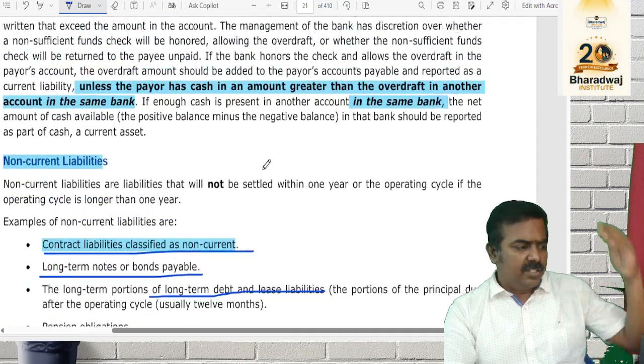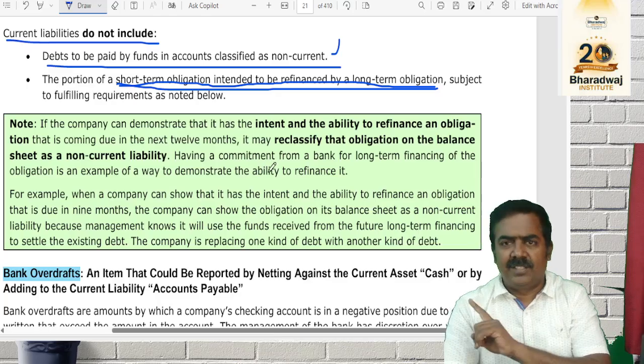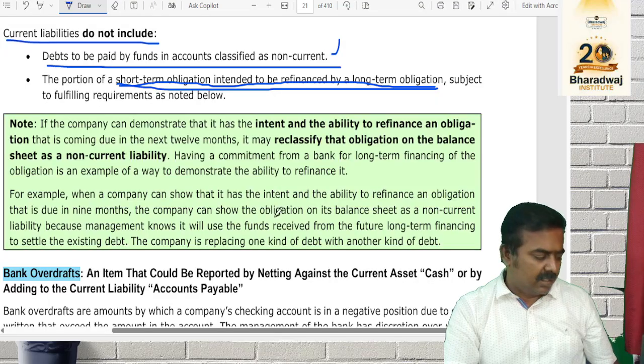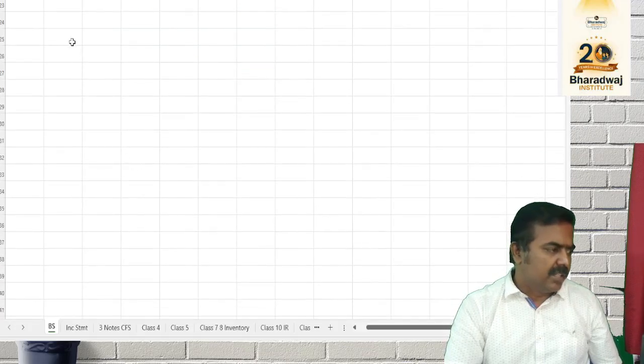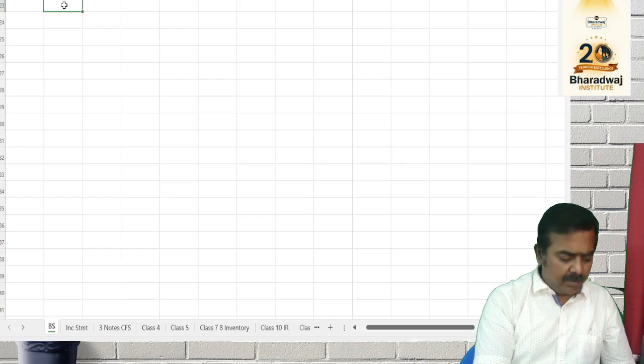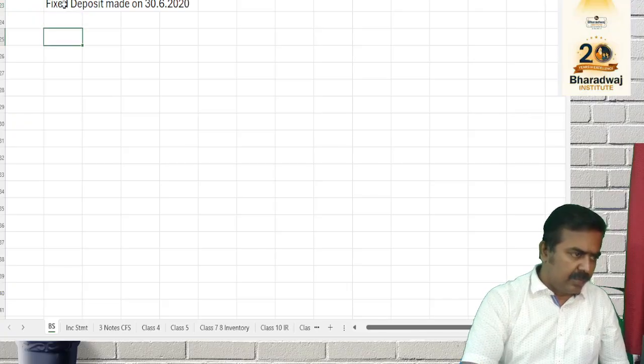So these 4 or 5 pages, how to remember in mind? Within 1 year, within one operating cycle, current. Otherwise, it is a non-current asset. For example, they have given you in an exam question a fixed deposit made on 30/6/2020 for 10 years.